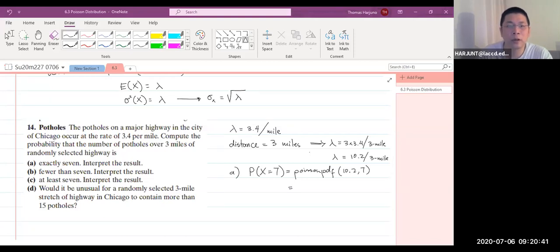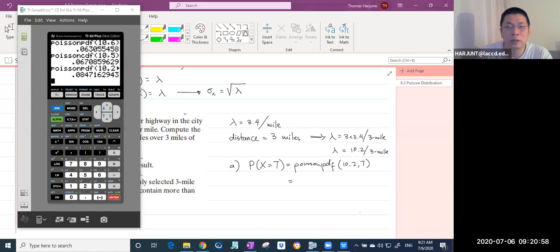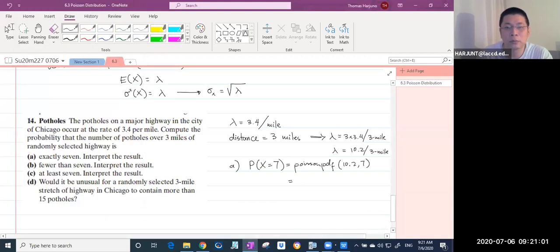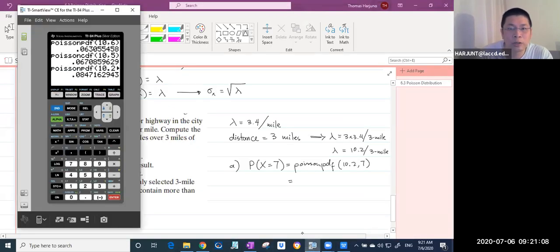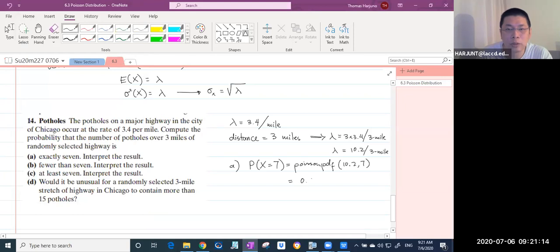Poisson PDF, with 10.2 and 7. Enter. The result is 0.08472. Part B, the probability that it is less than 7, which means up to 6.